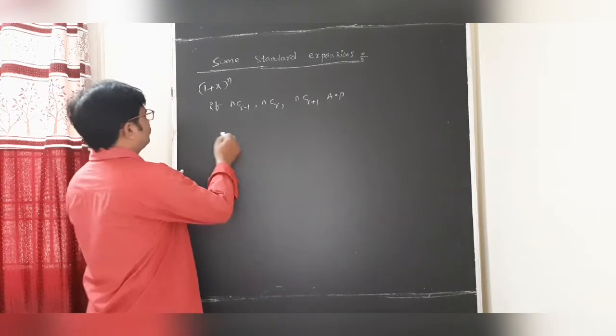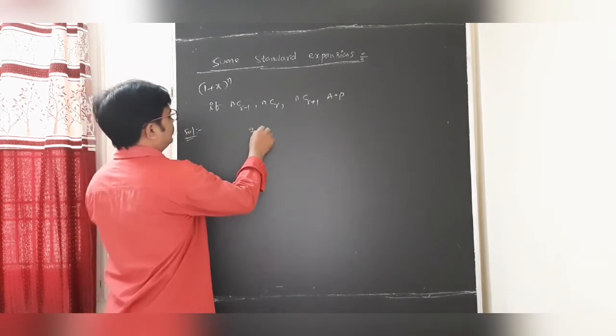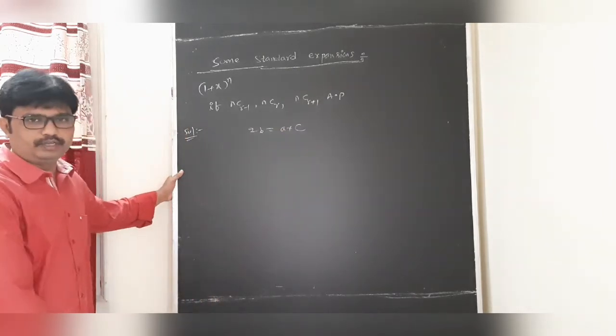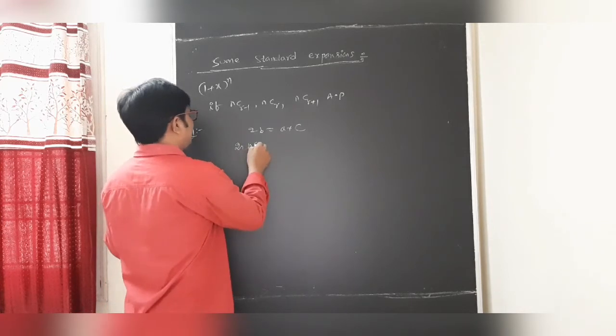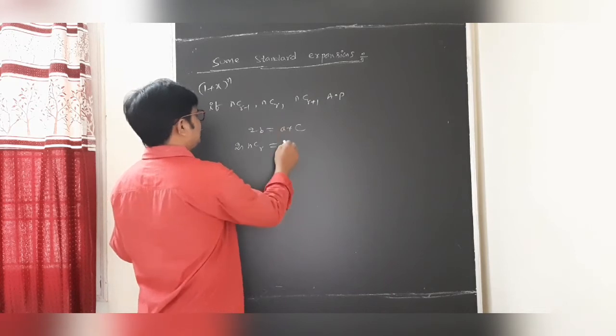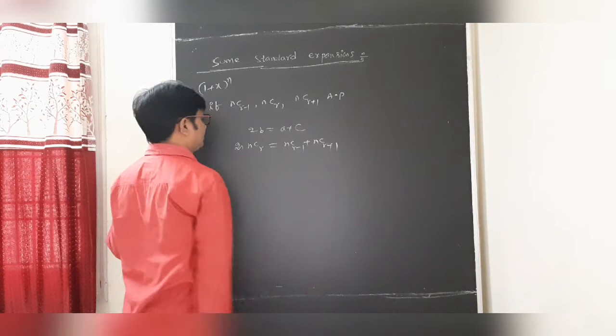My dear students, how to get the condition? 2b equals a plus c. Here b is NCR, a is NCR minus 1, and c is NCR plus 1.